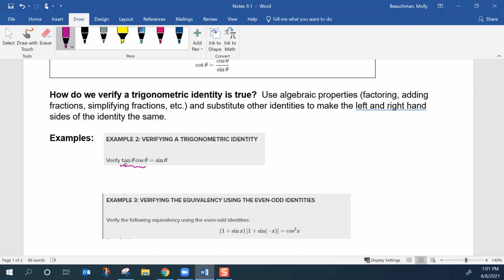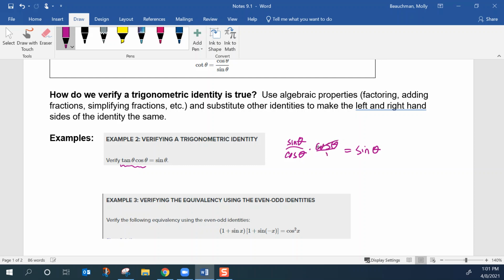So rewrite tangent using an identity, in terms of sines and cosines. The tangent is the sine divided by the cosine, times the cosine. What we're trying to do is get the left-hand side to look like the sine.